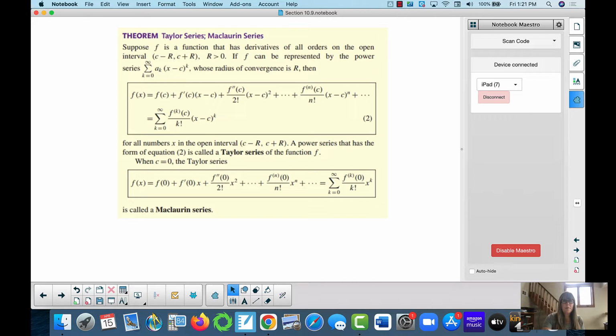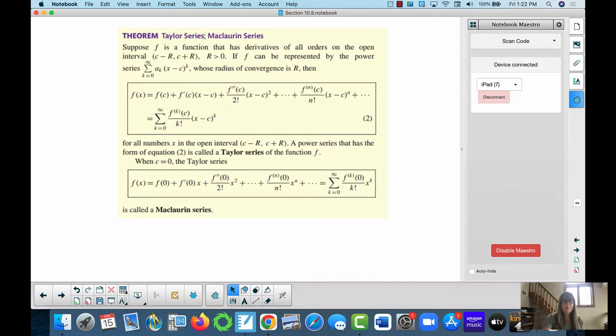Any function can be written as a sum of that function evaluated at c plus the derivative of that function evaluated at c times x minus c plus, and so on. Any function can be written as this Taylor series.